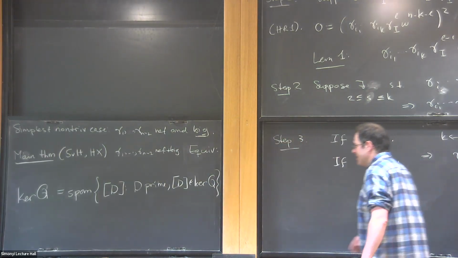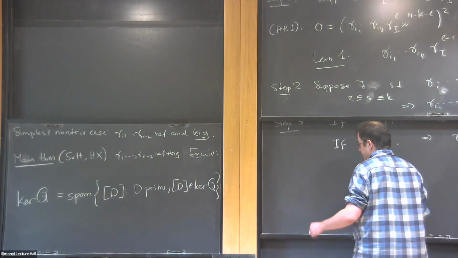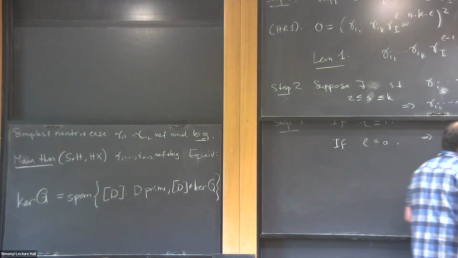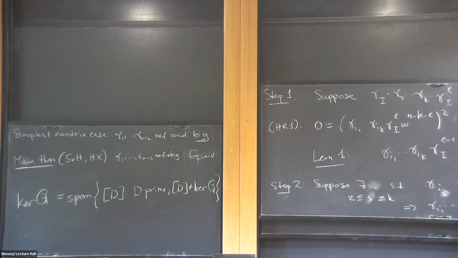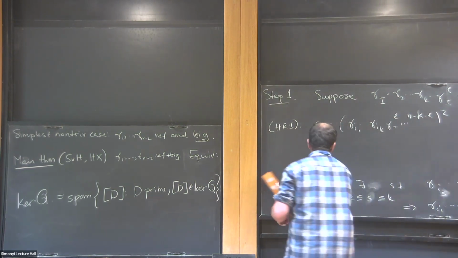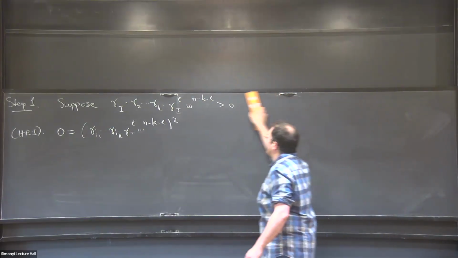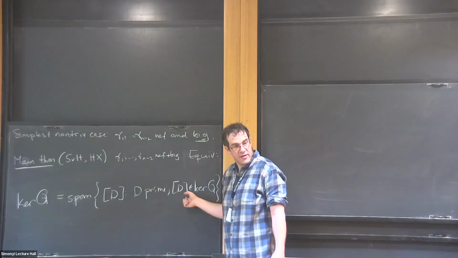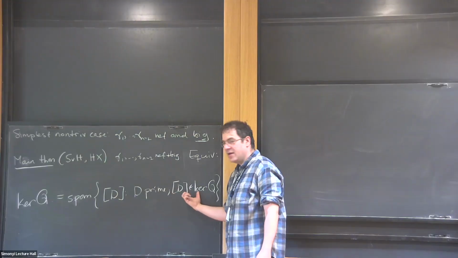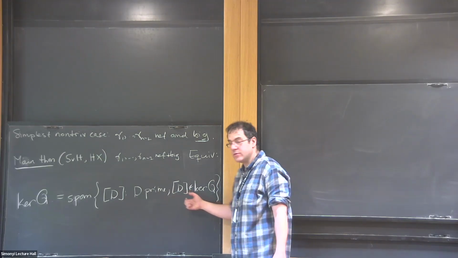We'll see. So just to go back here, I want to make the point that what we want to understand is not whether the product of n nef divisors is 0, but whether D, the class of a prime divisor, times n minus 2 nef divisors is equal to 0.